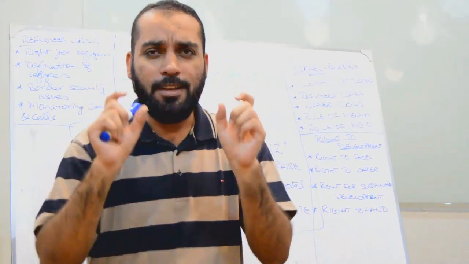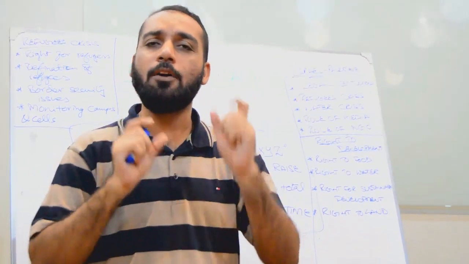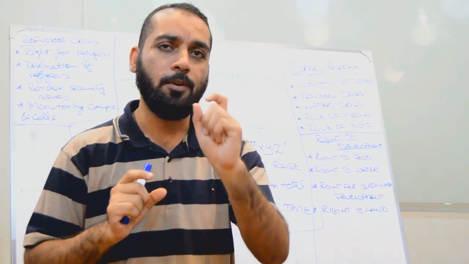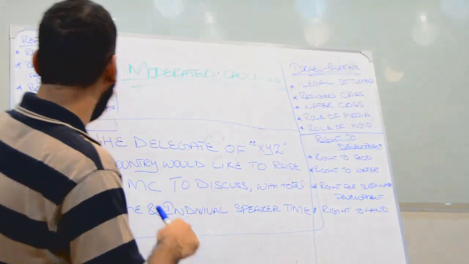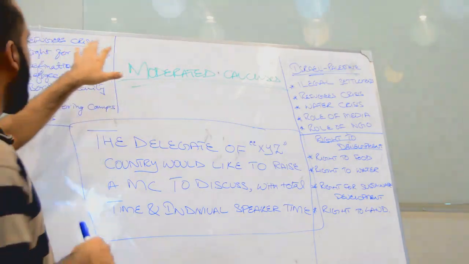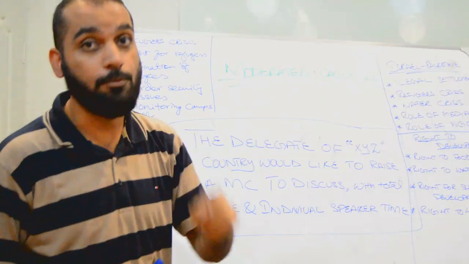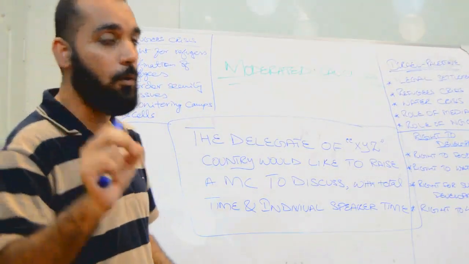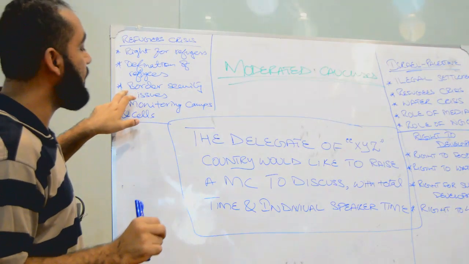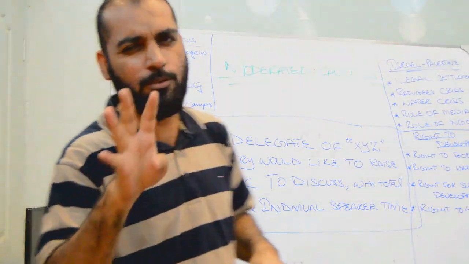Okay, so starting from the refugee crisis, how can you work on the moderated caucus related to the refugee crisis? Let's have a quick review. For the refugee crisis, let's say for instance, rights of refugees, which is really important, and then the definition of refugees, and then border security issues, and monitoring camps. These are just 4 examples.